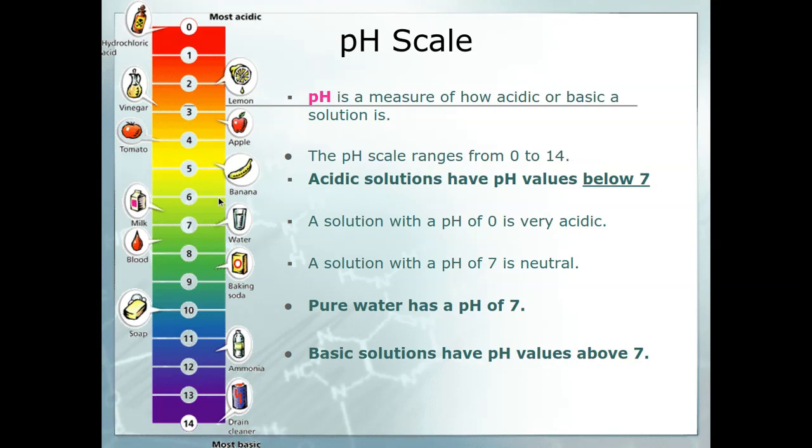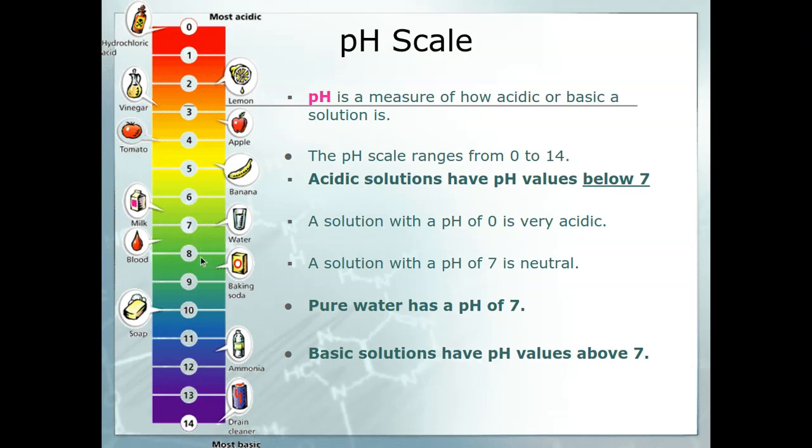Below 7, when you get to a number at less than 7, it becomes acidic. 0 being the most acidic. When you increase, this scale is messing me up. It's upside down.